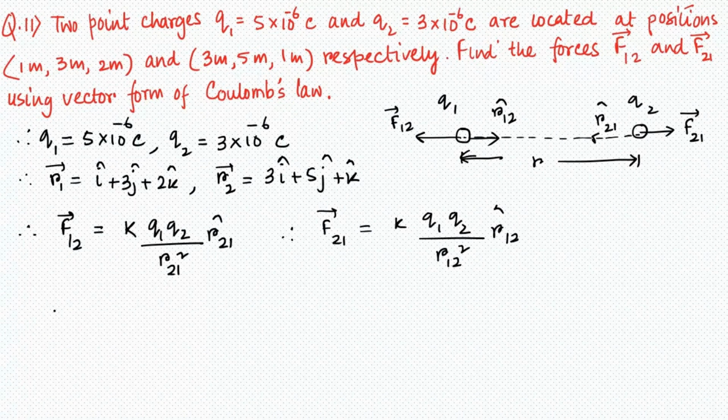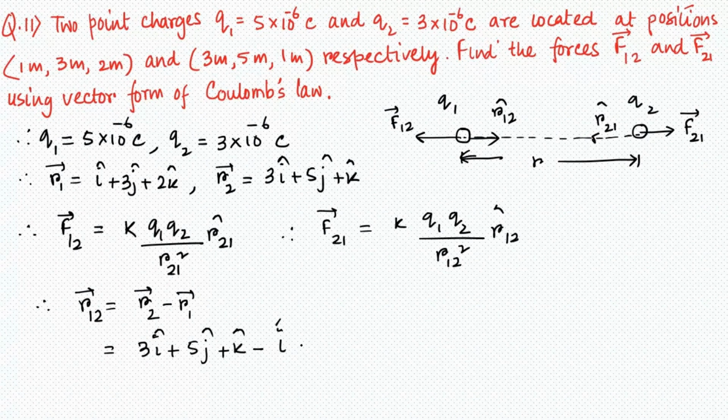So first we are going to calculate this one only. For that we need r12. So r12 is basically r2 minus r1. Now r2 is 3i cap plus 5j cap plus k cap minus i cap minus 3j cap minus 2k cap.